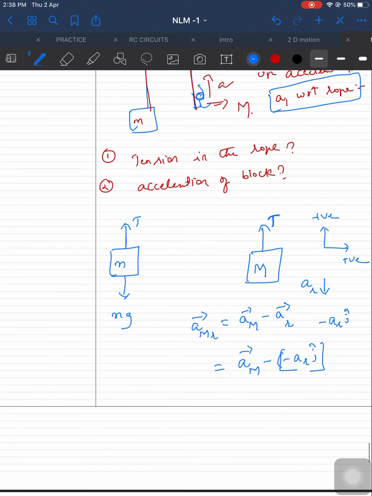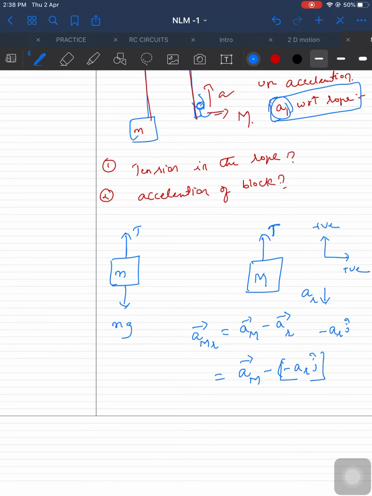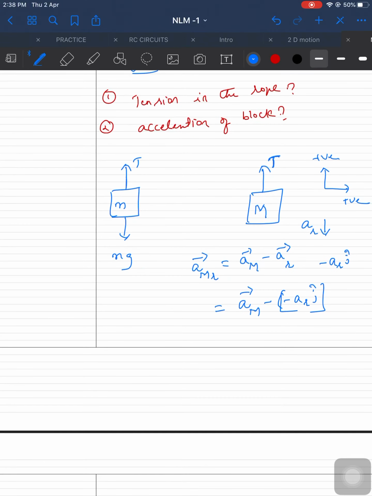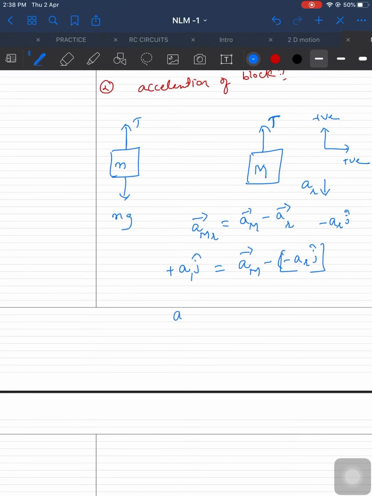Acceleration of man with respect to rope is equal to a1 in the upward direction, which is plus a1 j cap. Acceleration of man is equal to a1 minus AR j cap. I am drawing the free body diagram of man again.